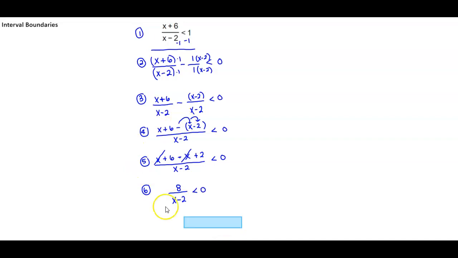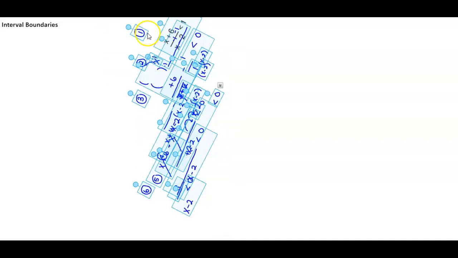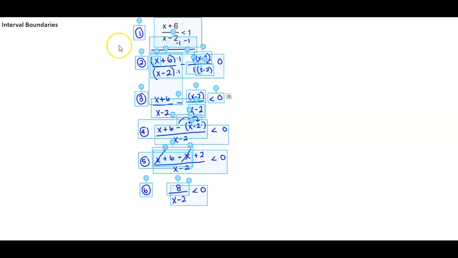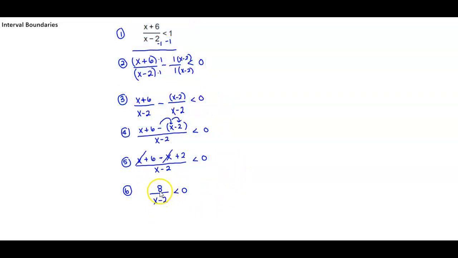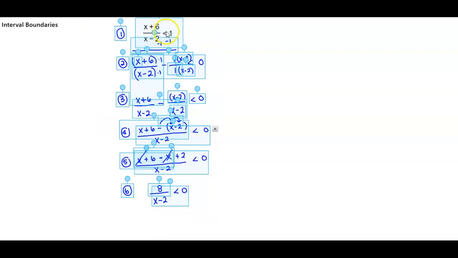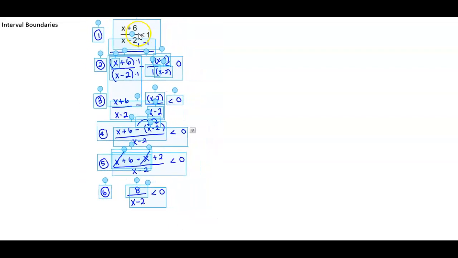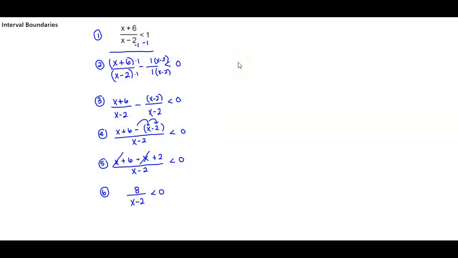Okay, so now we determined that the rational inequality is 8 over x minus 2, which is less than 0. Now we want to determine the interval boundaries for this.